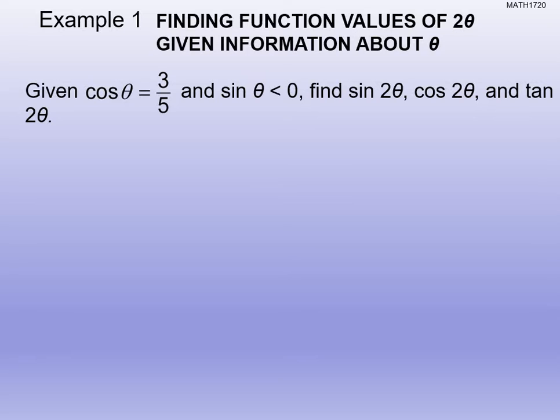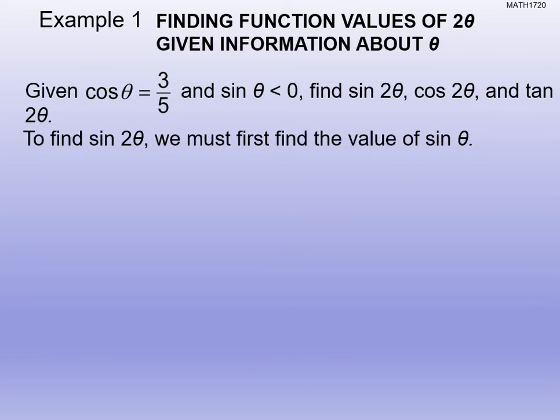Given cosine is 3/5, draw yourself a triangle, and you'll be able to get the sine value based on that. Since it's cosine of 3/5, 5 is the hypotenuse, and we should recognize that this is a 3, 4, 5 triangle. So our sine theta should equal 4/5, but it should be negative 4/5, because sine has to be less than 0.